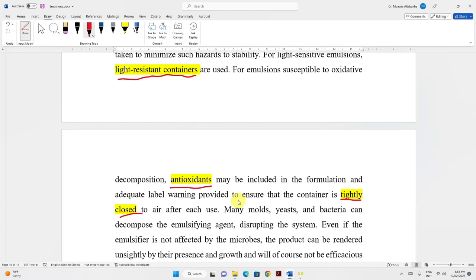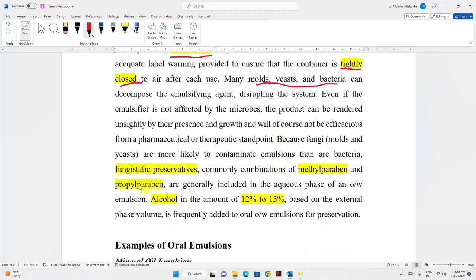Another thing is contamination by microorganisms such as molds, yeasts, and bacteria. For this, you might use well-known preservatives such as the combination of methyl parabens and propyl parabens. Otherwise, you can use alcohol in the external phase with a percentage of 12 to 15% in oil in water emulsion as preservative.